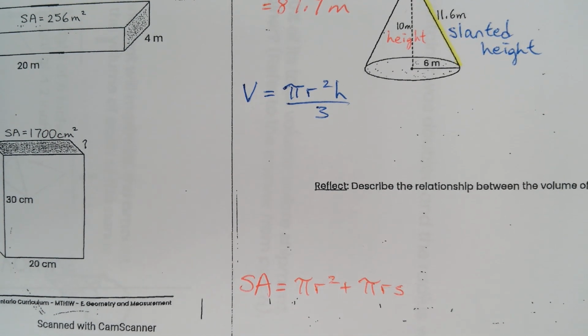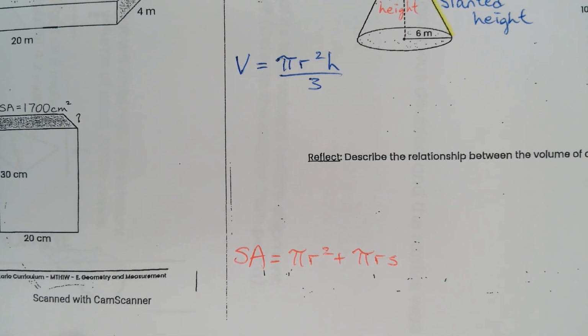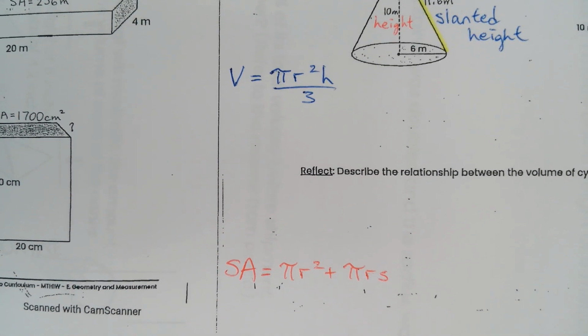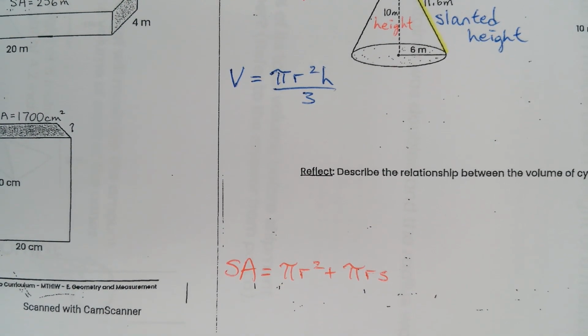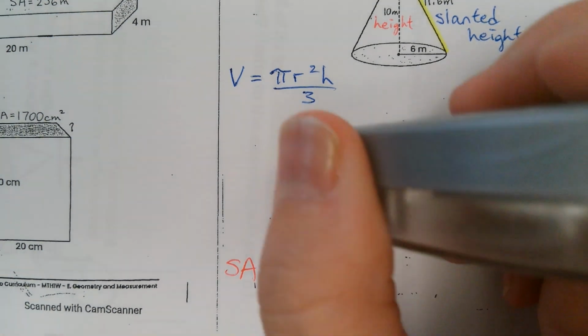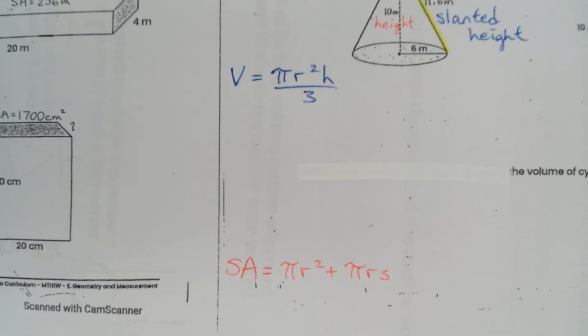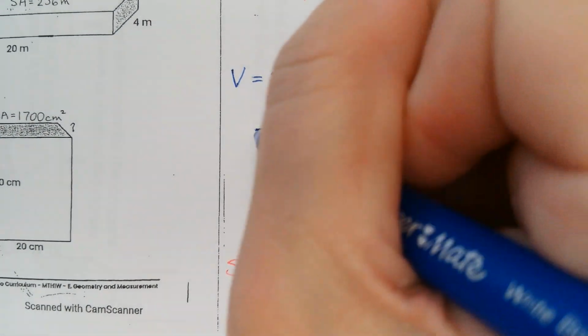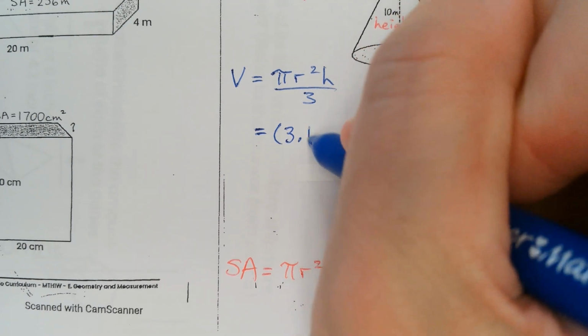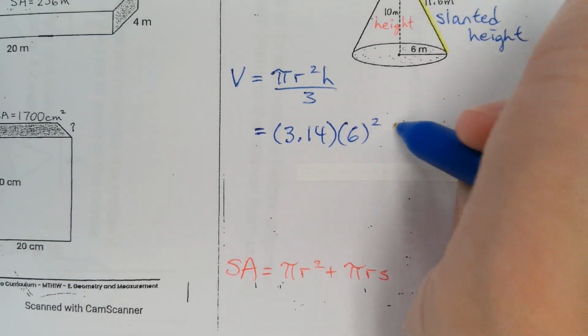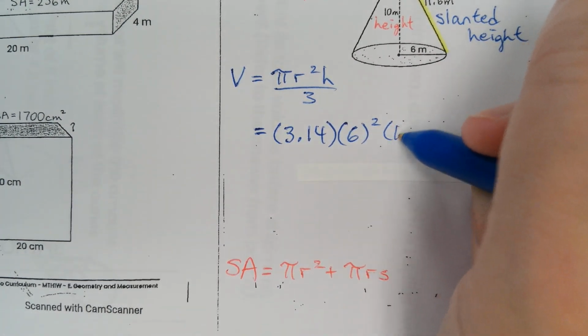Okay, Cyrus, I want to see this copy down before you go. Okay, so pi 3.14 times radius, which is 6 square, times height, which is 10.